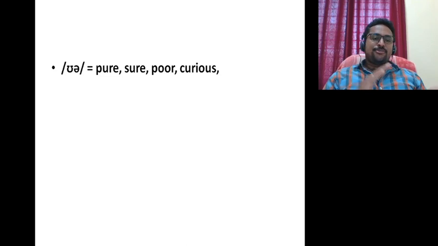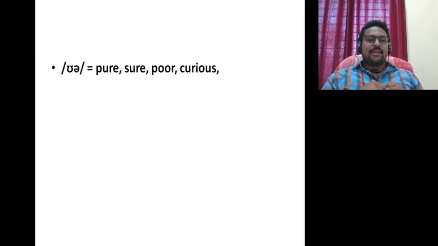We know what are monophthongs, what is diphthong, what are the mouth organs, and the symbols of the vowels. In next class, we are going to discuss about the consonant sounds. I hope you understood about the vowel sounds.